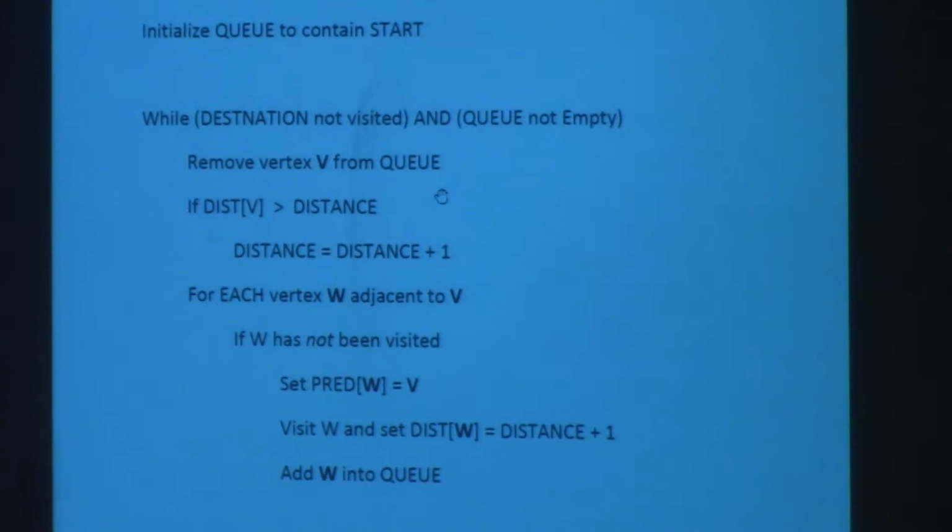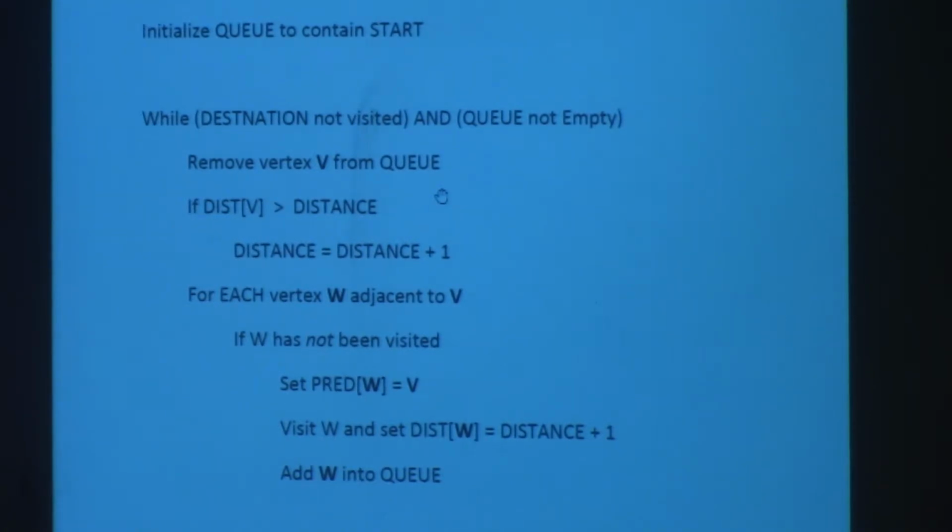What's the distance of C? Well, the distance of C was set a long time ago at 1. And what's the value of distance right now? 1. So therefore, when we're at C, C is still 1 away from the beginning. Don't bump the distance because C is equidistant from A, as is B, as will be D. So as we process B, C, D, my distance is still 1, 1, 1.